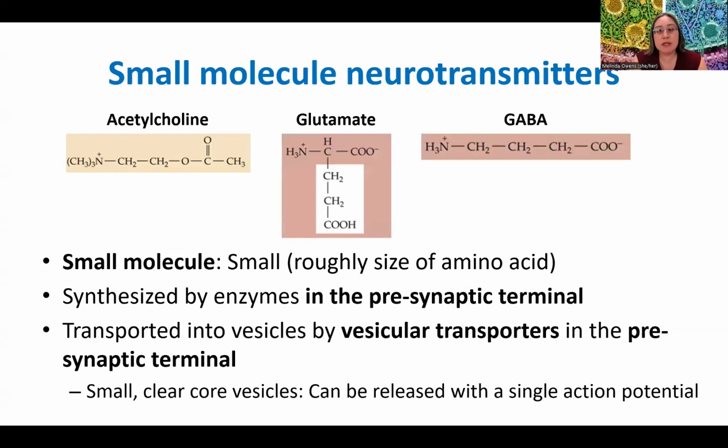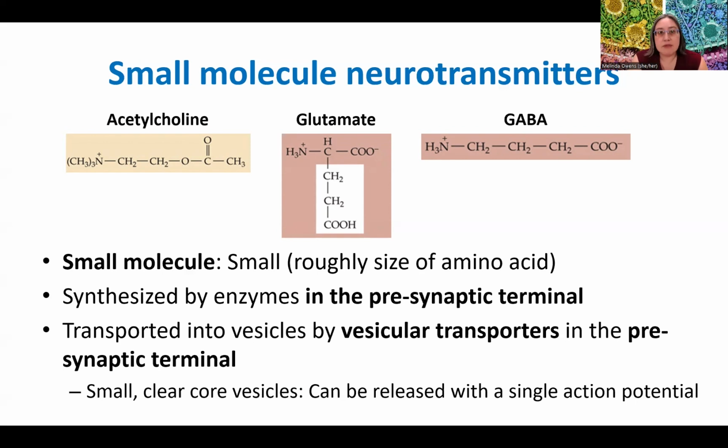So the small molecule neurotransmitters are called that because they are small. They are roughly the size of an amino acid. And because they are small, they can be synthesized on site by enzymes in the axon terminal, the presynaptic terminal. And they are transported into vesicles by vesicular transporters that are also in the presynaptic terminal.